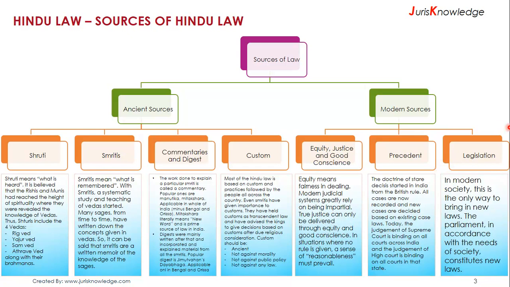Legislation is the third modern source of Hindu law. In modern society, this is the only way to bring in new laws. The parliament, in accordance with the needs of society, constitutes new laws. Our parliamentarians go ahead and create laws in the parliament.